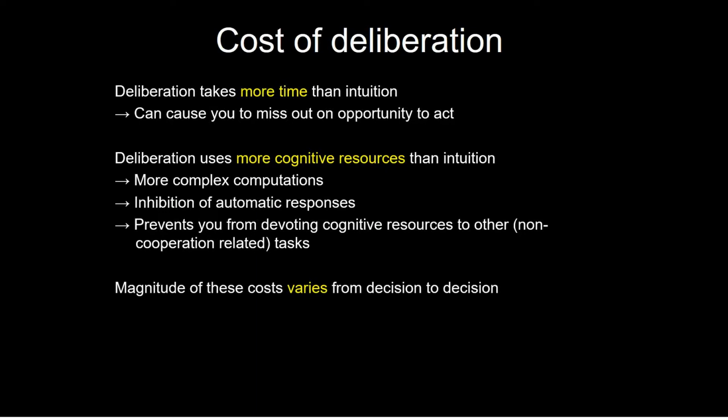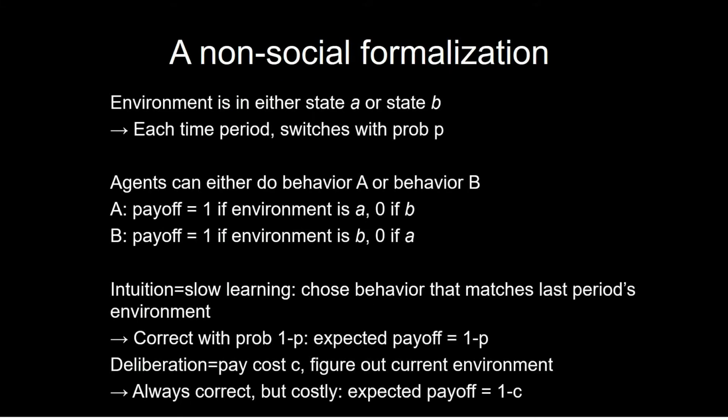And then you could also imagine that the magnitude of these costs varies from decision to decision, depending on how much time you have, what other tasks you have to complete, and so on. And so for now, we're just going to ignore that variation across contexts, and we're just going to say, okay, let's just think about the average cost.